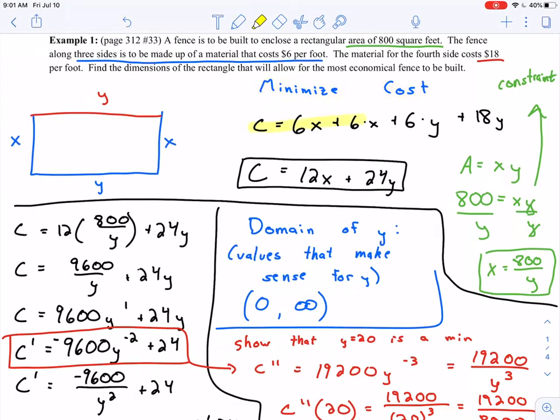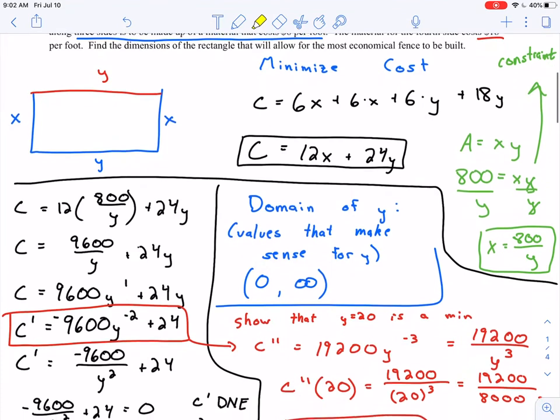And we came up with a cost equation, and we simplified it right here. But we said, hey, that's in terms of x and y. I really only know how to work with one variable. So we came up with this other relationship between x and y and solved for one of our variables. Took that and plugged it into our cost equation.